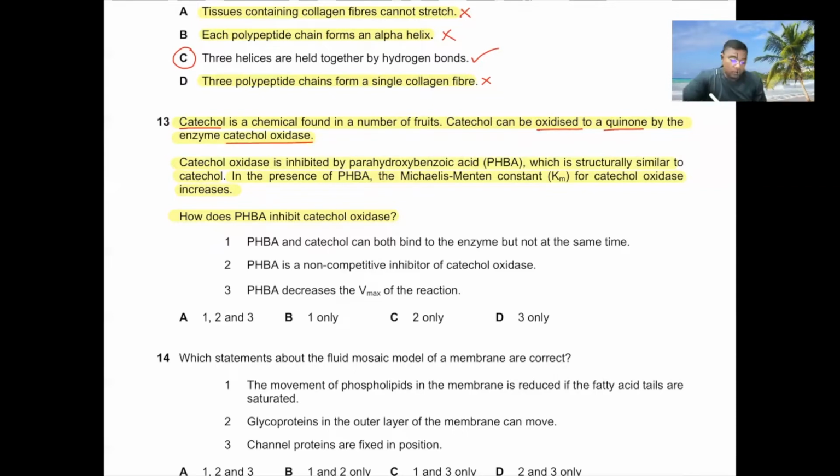Now we see that catechol oxidase can be inhibited by PHBA, para-hydroxybenzoic acid, which is structurally similar to catechol. When it says structurally similar to catechol, we understand that this is a competitive inhibitor.